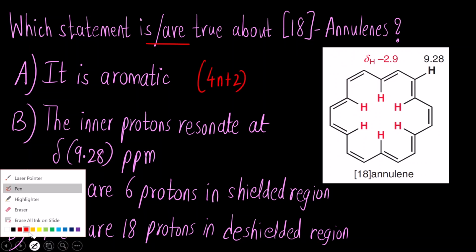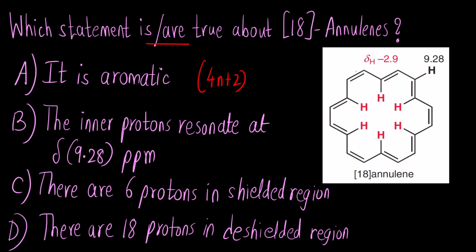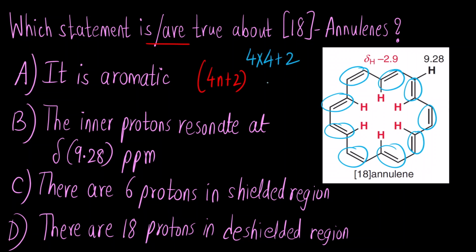Let us see how many electrons are present: 2, 4, 6, 8, 10, 12, 14, 16 and 18. If I put n equal to 4, you can see I get the answer as 18. So it follows Huckel's rule. It is cyclic, it is conjugated, and it follows Huckel's rule, so it is aromatic. First answer is correct.